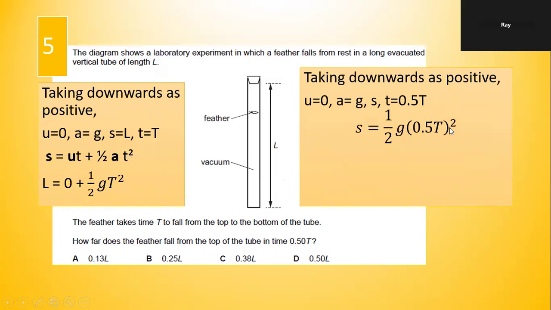You get this one, then half gt squared equals to L. So the answer is B. Okay or not? Anything not clear?